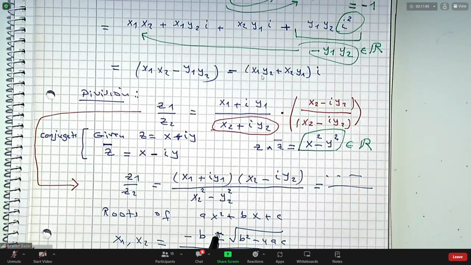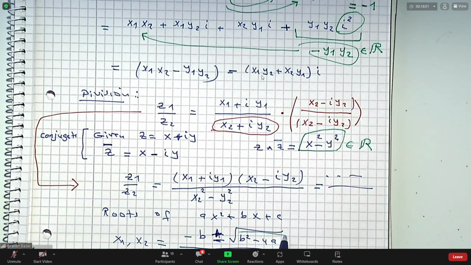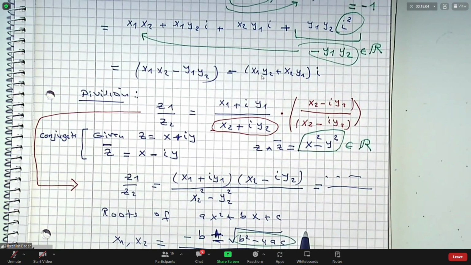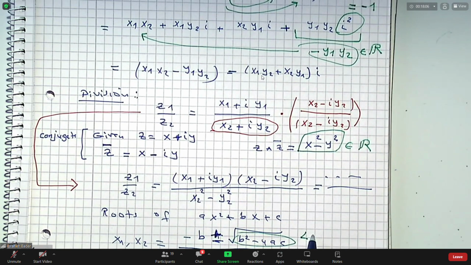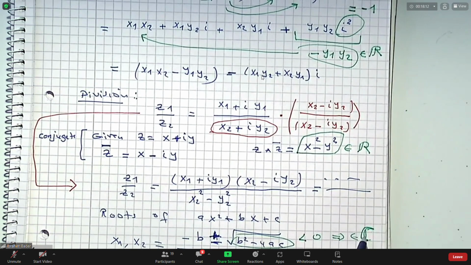Now, if you consider these two roots, once plus and once minus, that's why you get two values. And you all know that if this part here is less than 0, then the roots are in C, they are complex numbers.